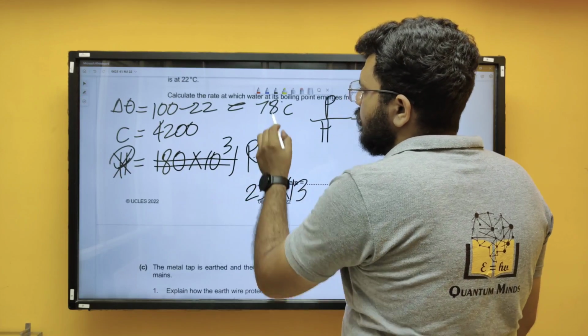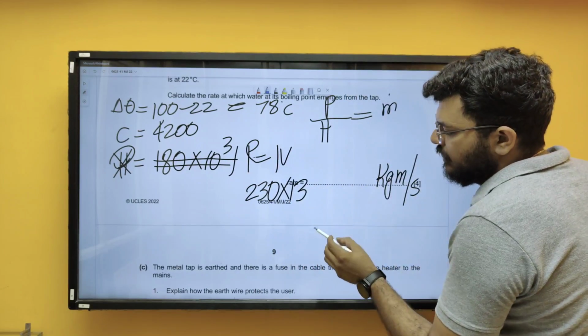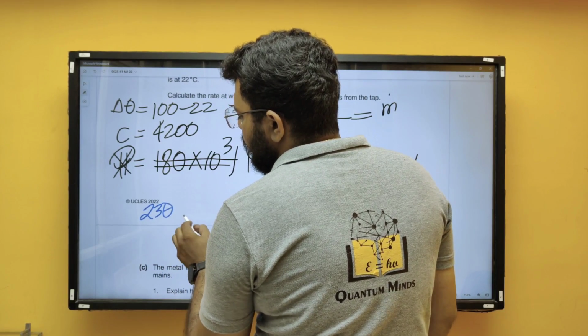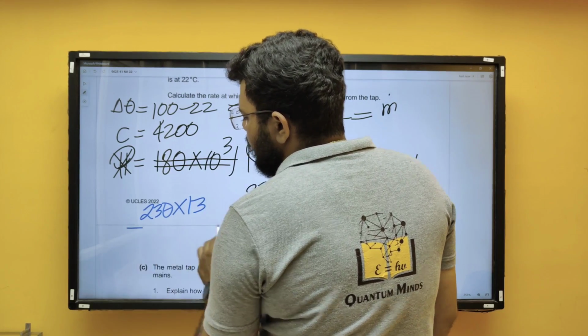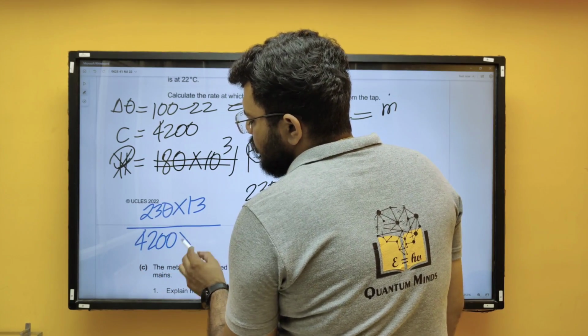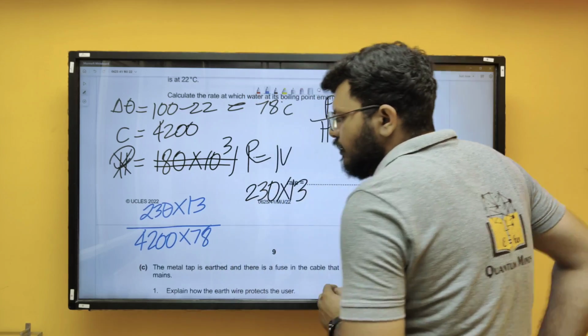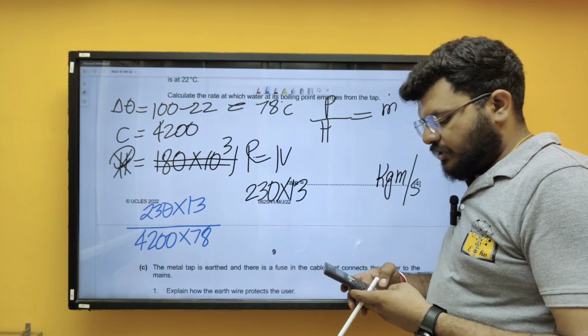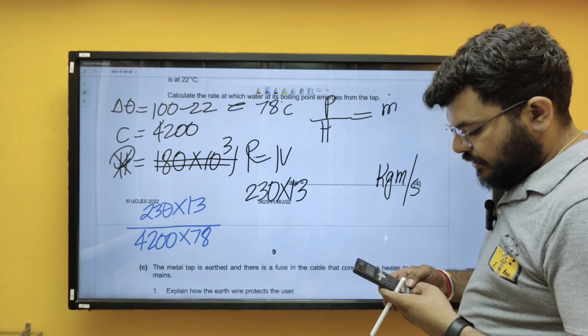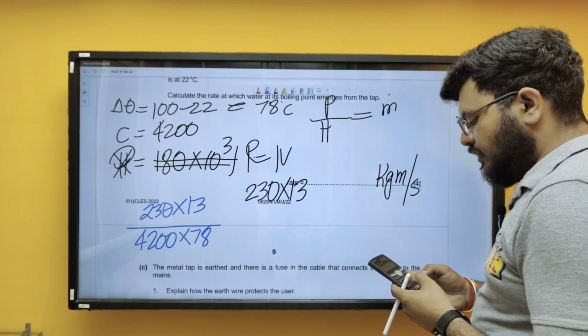I hope you understood. So what do we have? Power is 230 into 13. We have 4200 into 78. So we have 230 into 13 divided by 4200 into 78, right?